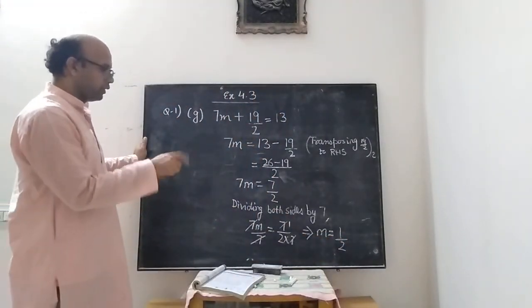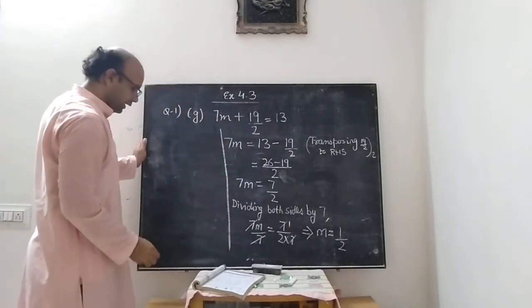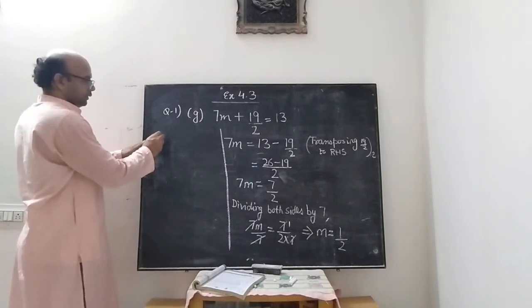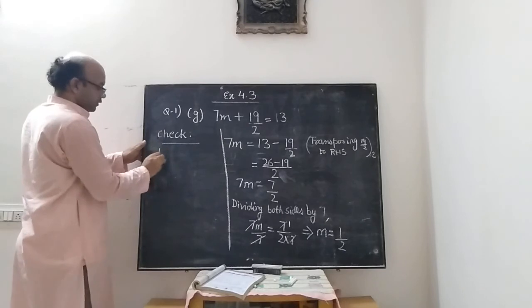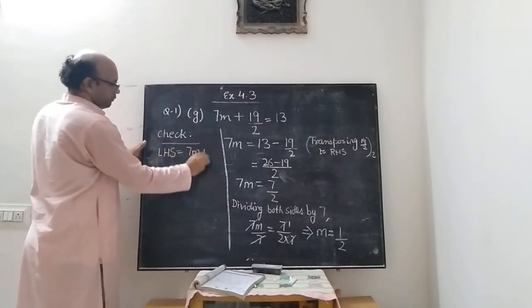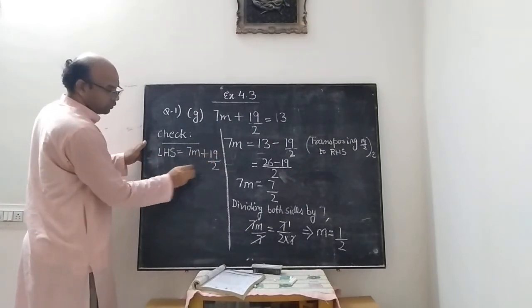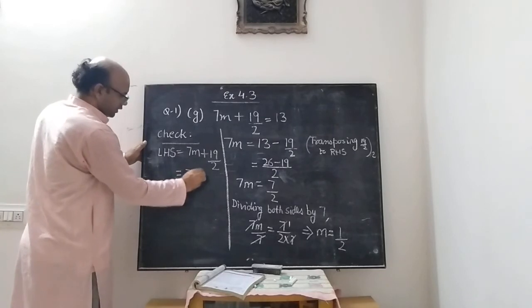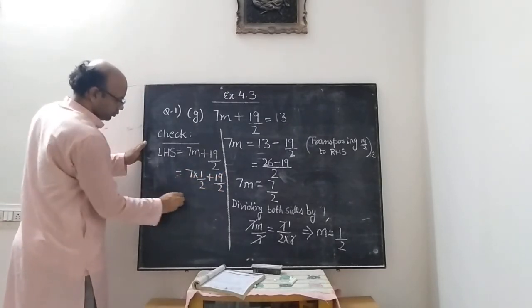Whatever we are getting, we have to check that. So we check, we start from LHS, 7m plus 19 by 2. We put m equal to 1 by 2, so 7 into 1 by 2 plus 19 by 2.